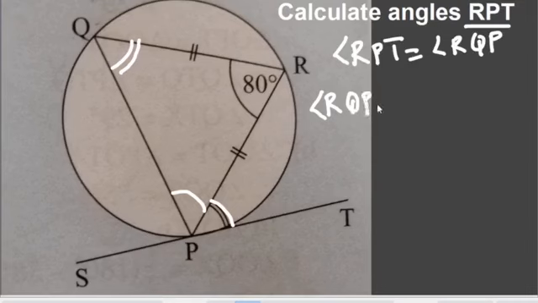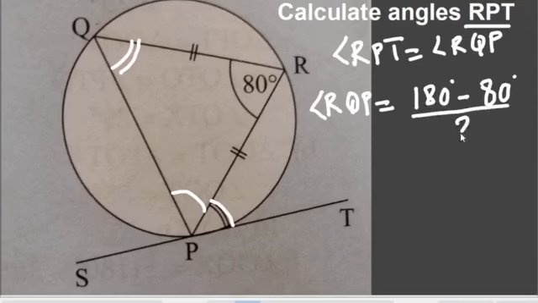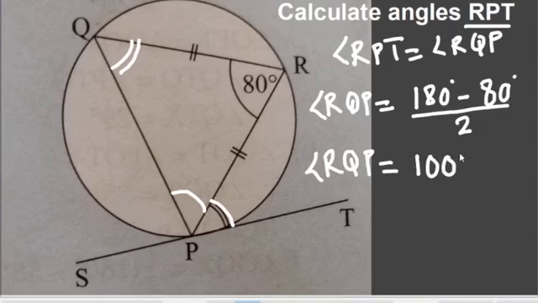So first, we find the angle RQP. To find angle RQP, we are just going to say 180 degrees minus 80 degrees. Then we divide by 2, because the angle on Q and the angle on P are the same. So angle RQP is equal to 180 minus 80, which will give us 100 degrees divided by 2.